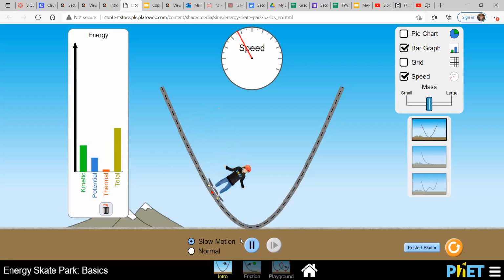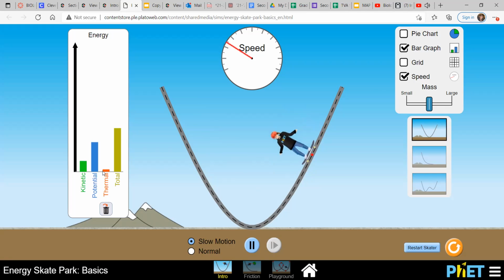We have a skater, and they are going up and down this ramp. If you click the bar graph in the speed here, you can see the total energy in the system, and how the kinetic and potential energy change form as the skater goes up and down the ramp.